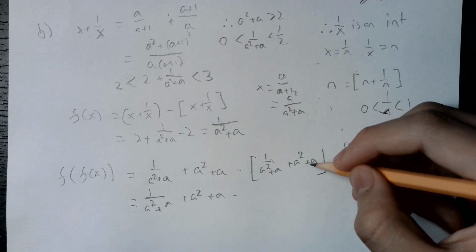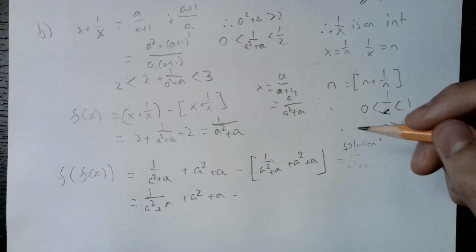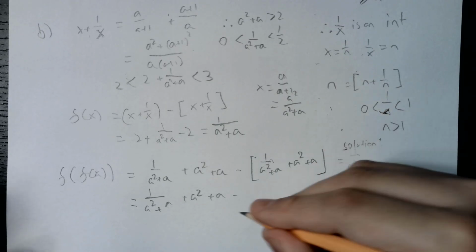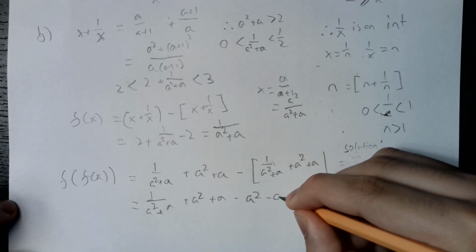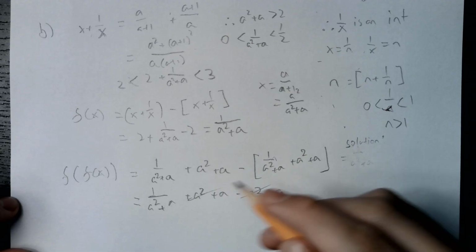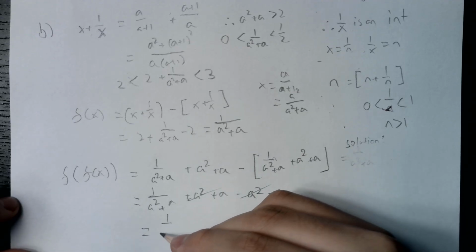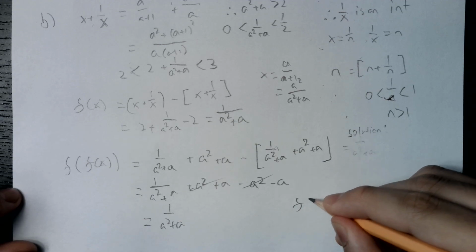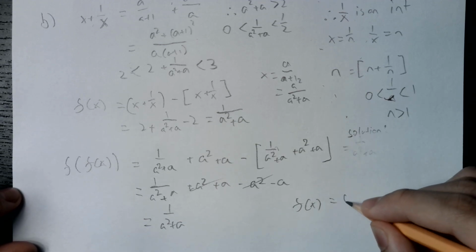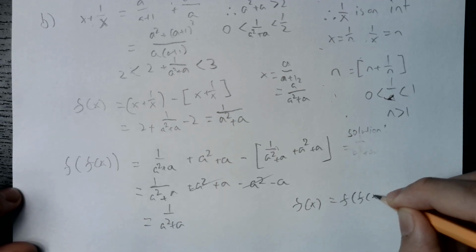And since we know that a squared and a are both integers, this is just going to be equal to a squared plus a. So minus a squared minus a. Obviously, these two cancel out, and we finally receive 1 over (a squared plus a), which is the same as f(x). And so f(f(x)) is going to be equal to f(x).